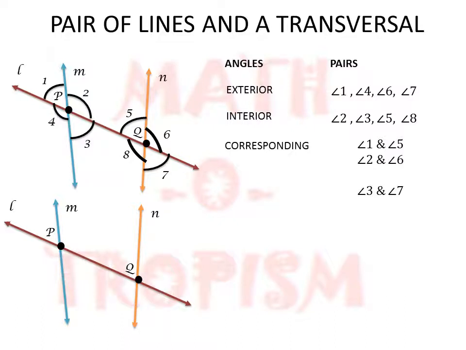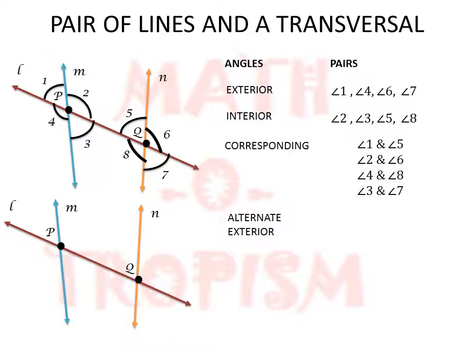Similarly, 4 is to the left of the line and below the transversal. Which angle is below and to the left of line N? That is 8. So 4 and 8 are the other pair. So totally there are 4 pairs: 1 and 5, 2 and 6, 3 and 7, and 4 and 8. So the corresponding angles we have listed out.